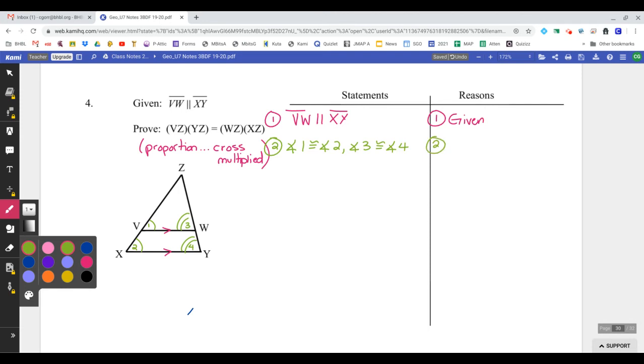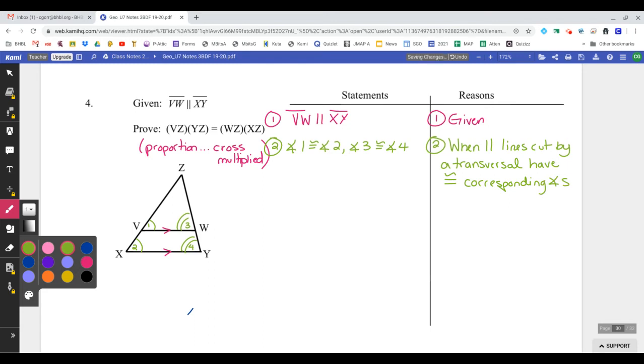And my reason is that we have parallel lines cut by a transversal and they have congruent corresponding angles.